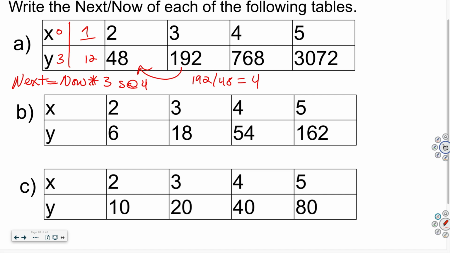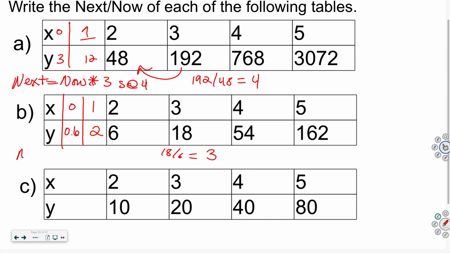All right, for B, where do we start here? We'll take 18 divided by 6. That's 3. So that's 1. This is 0. Okay, 6 divided by 3 is 2. Then 2 divided by 3, we'll call it 0.6.